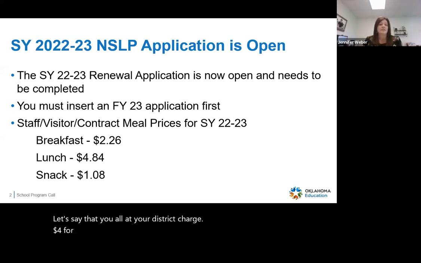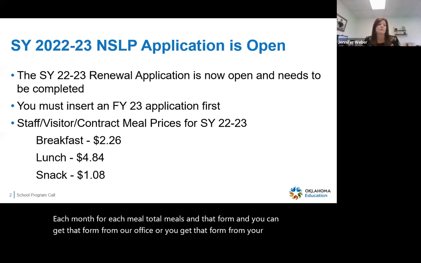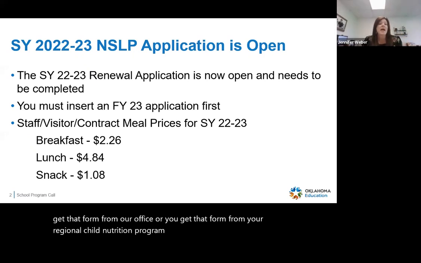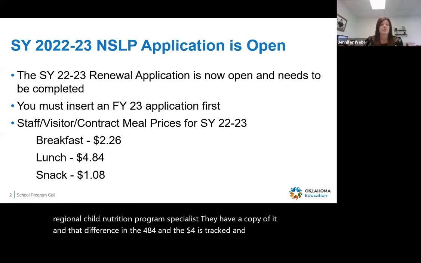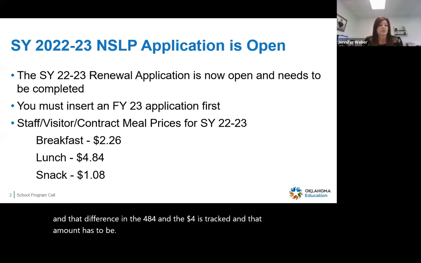There's an 84-cent difference there. That has to be tracked each month for each meal, total meals, in that form. And you can get that form from our office, or from your regional child nutrition program specialist. They have a copy of it. And that difference between the $4.84 and the $4 is tracked, and that amount has to be reimbursed back to child nutrition.